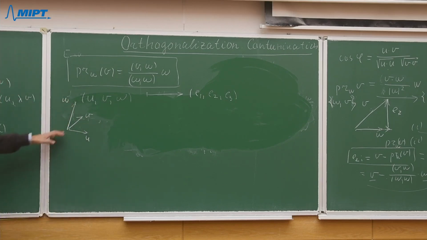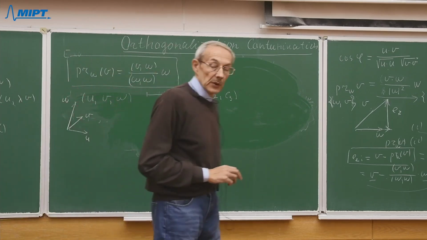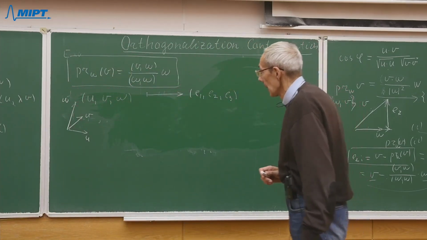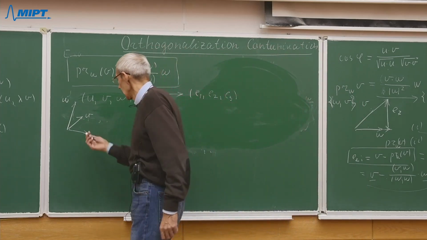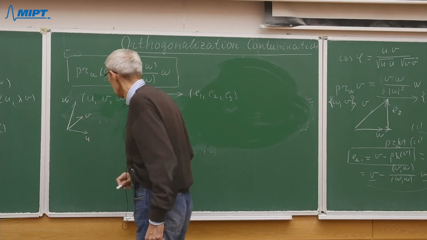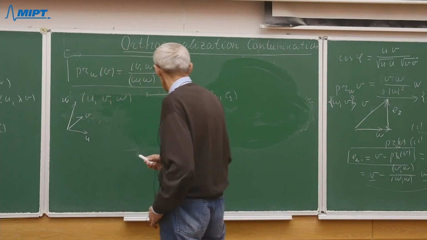I will illustrate the main idea of this algorithm on the example of three vectors in the geometrical vector space. The main idea is the following. First of all, you consider two vectors, u and v.